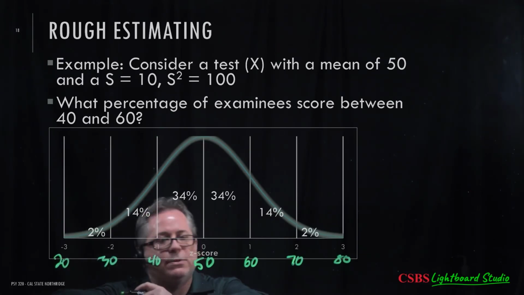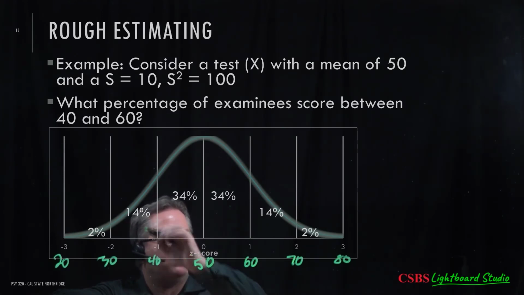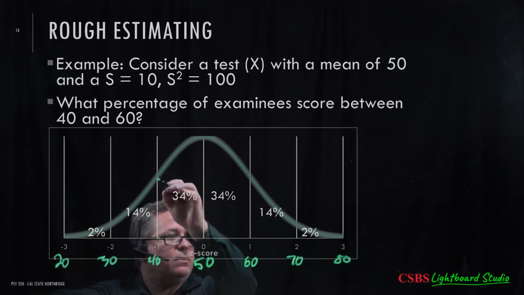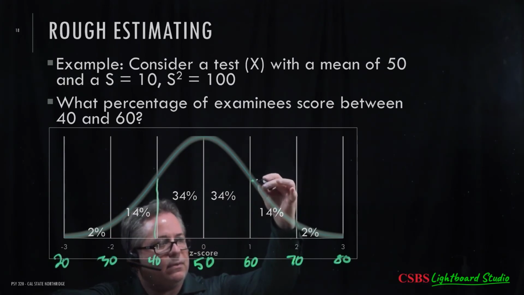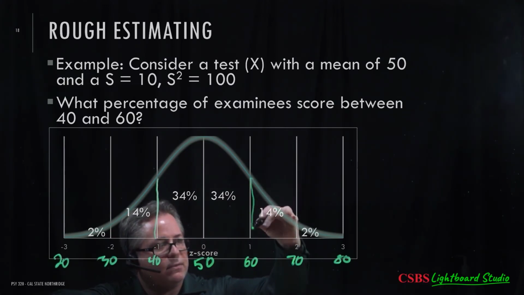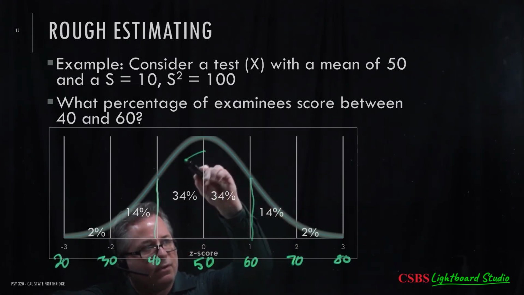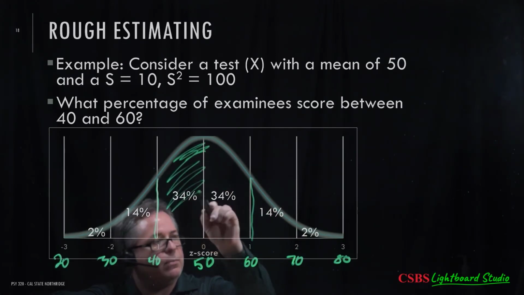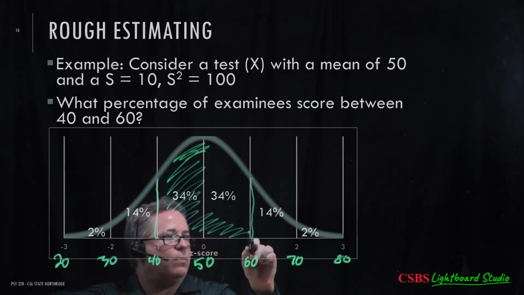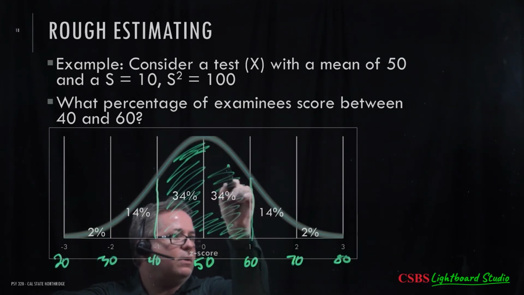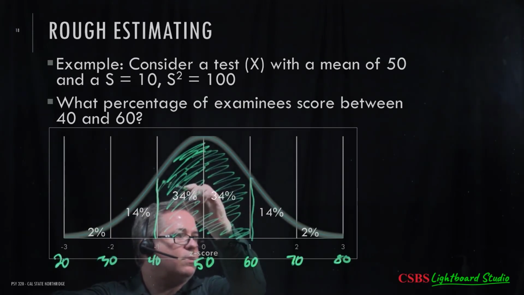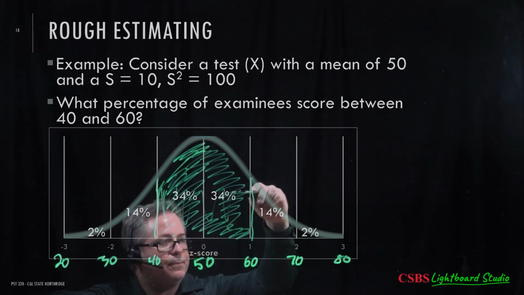Once I had those, I would figure out it's asking about 40 and 60. It wants to know the range of scores between 40, which corresponds to a -1, and 60, which corresponds to a +1. So it's really asking for everything that's in the middle. What percentage of scores are in this part of the distribution between 40 and 60?